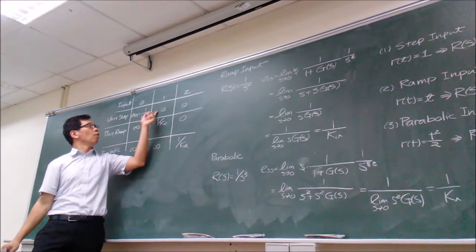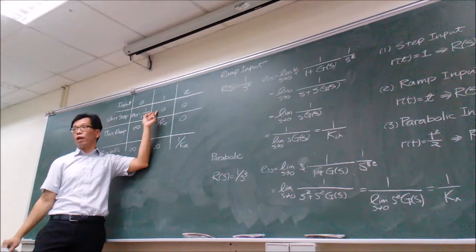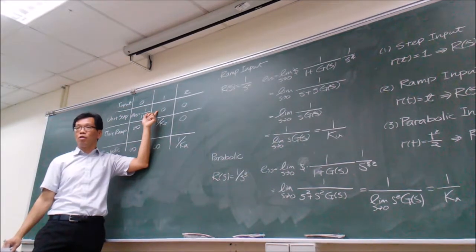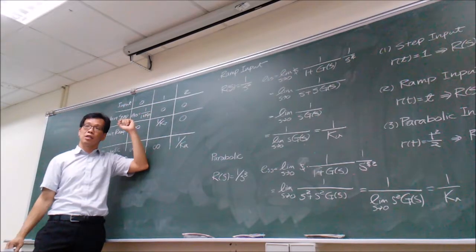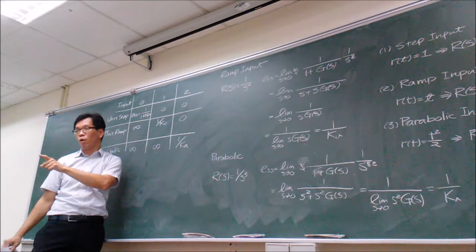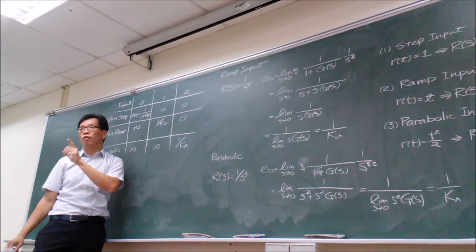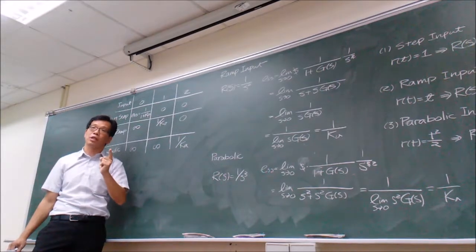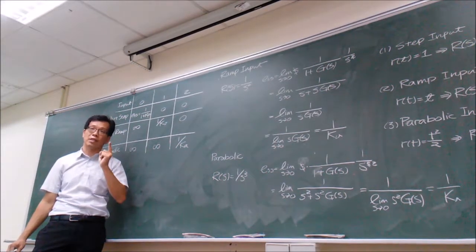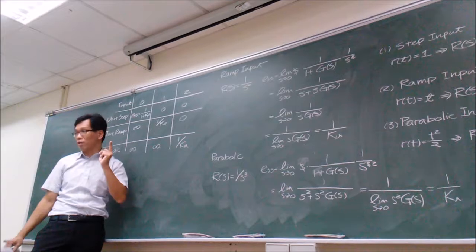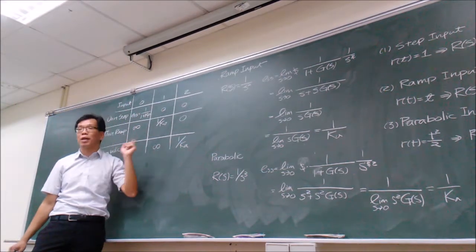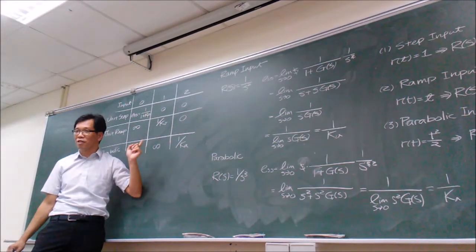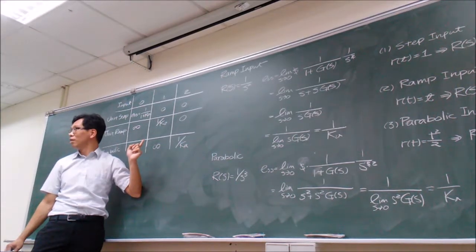If you got one integrator, then you should be expecting 0 steady state error. That's the reason when we design a controller for unit step input, we always need to have one integrator to guarantee our system won't have any steady state error. Physical? No, mathematically. Does it make sense?